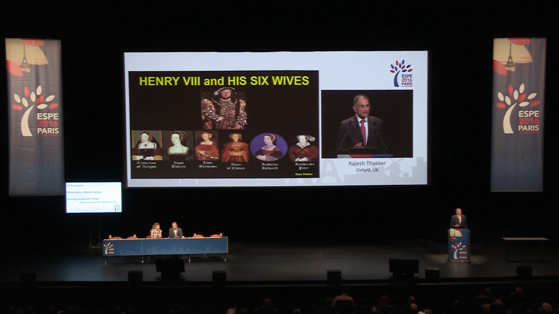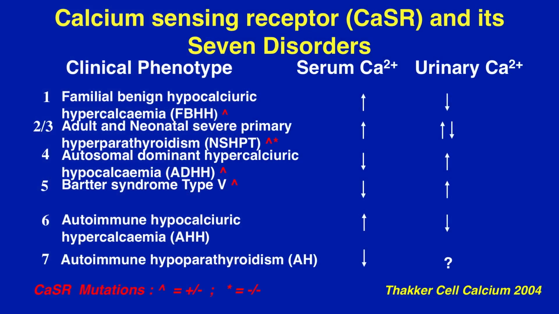Well, the calcium sensing receptor is like that. It's not related to one disease. There are many diseases. And just in the calcitropic ones, there are at least 7 disorders, and I can probably tell you about 2 more as well. So these are, for example, familial benign hypocalciuric hypercalcemia, FHH, where you've got a high serum calcium and a low urinary calcium.